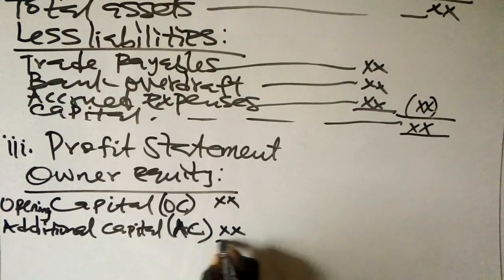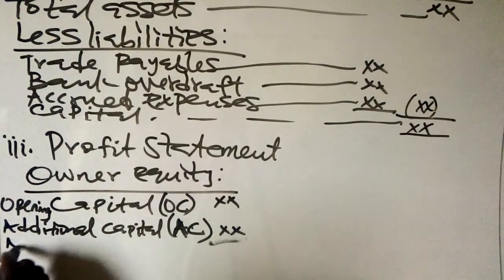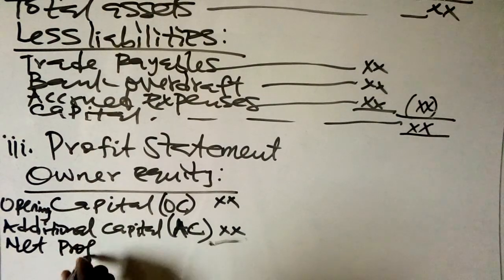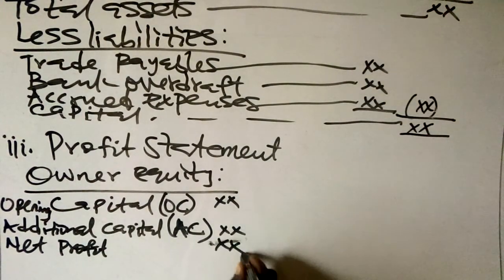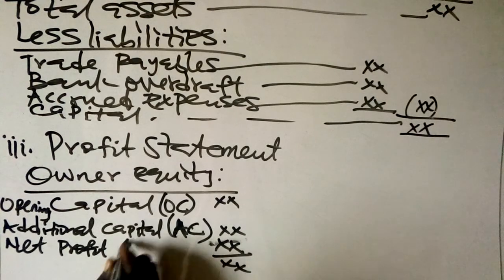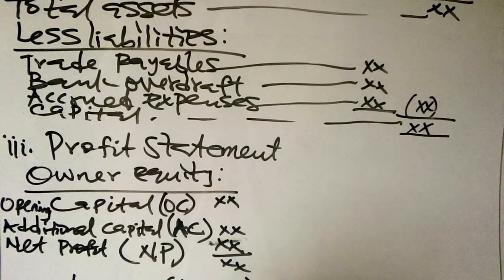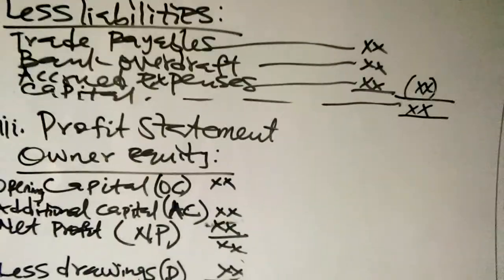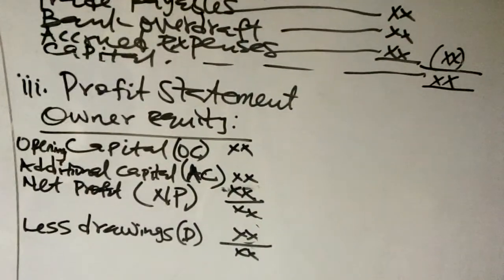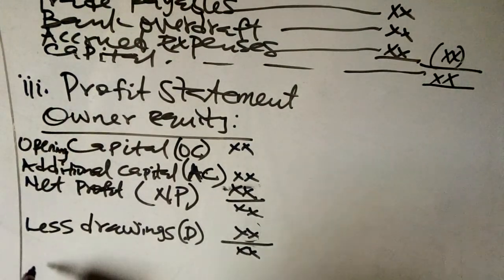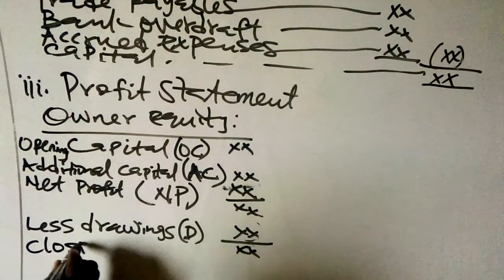You add it. Then you now add net profit, and if it is loss, you less it. You add the net profit, you have this as the total. Net profit, NP. Then you now less drawings, D. After this, you get your closing capital.